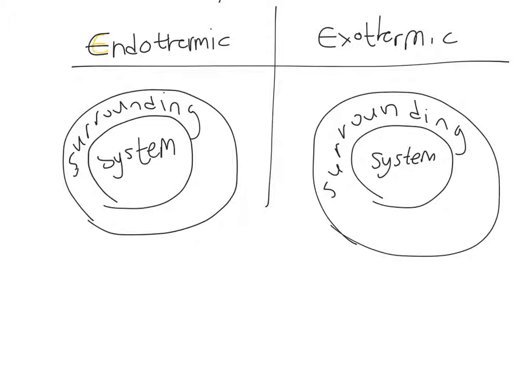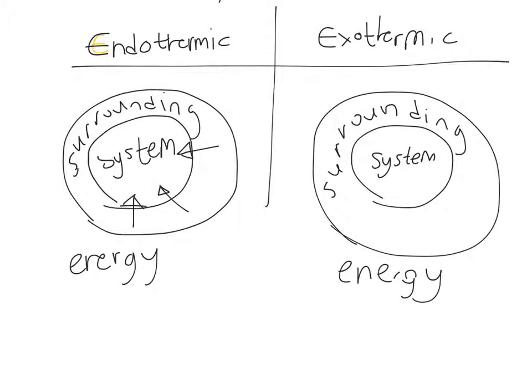Now, if we're talking about where the energy is going, in an endothermic reaction the energy is going from my surroundings into my system, right? So my system is absorbing energy. In my exothermic reaction, remember that our system is the one that is giving away energy, and so our energy is going from my system into my surrounding environment.